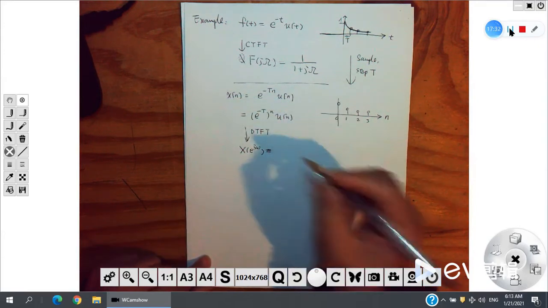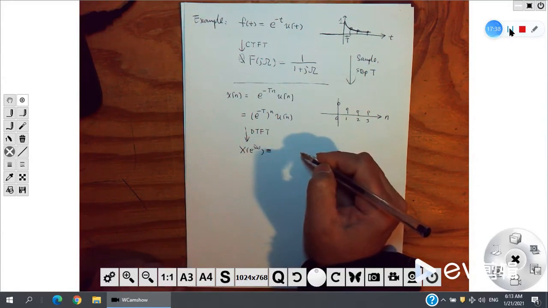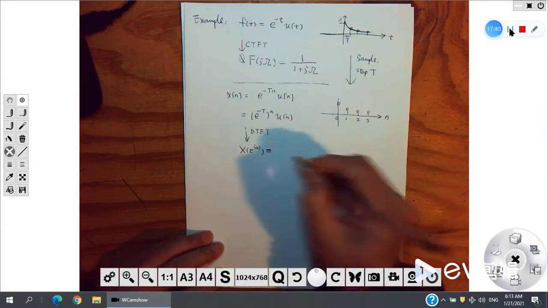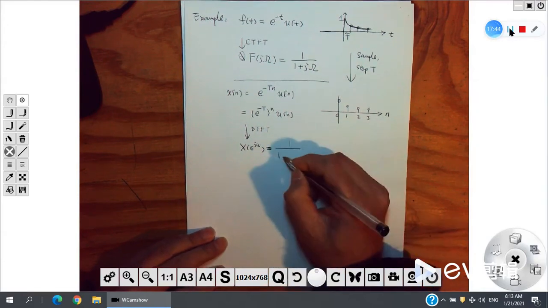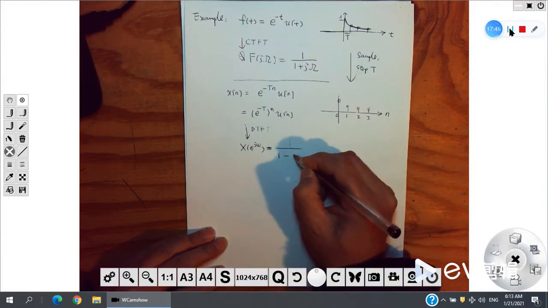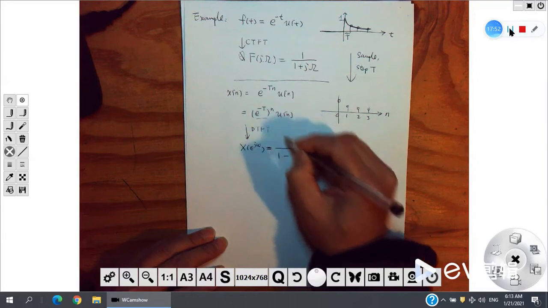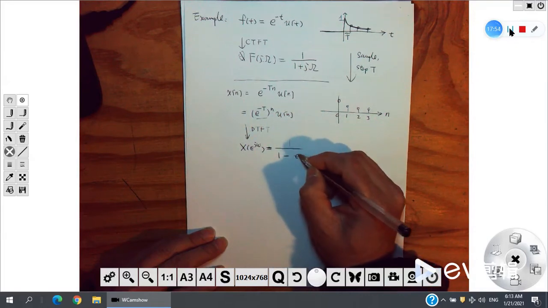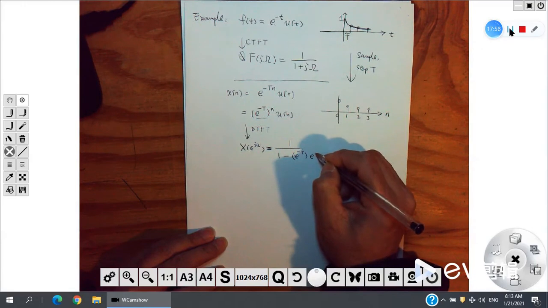And later we will see that using this way to denote this function has some benefit. All right. Okay, so this is 1 over 1 minus, I write this as a. I consider this a. This will be e to the negative T, then e to the negative j omega.